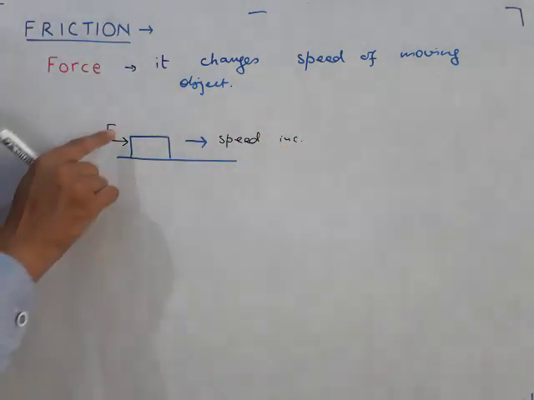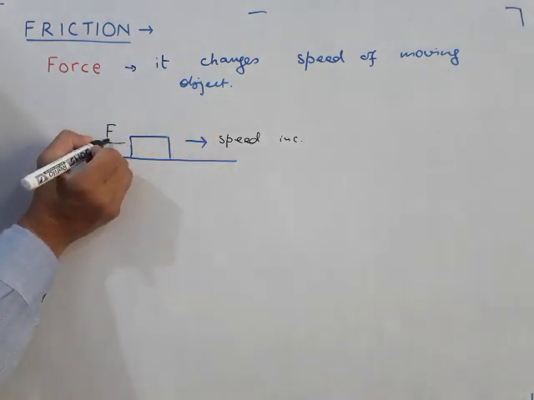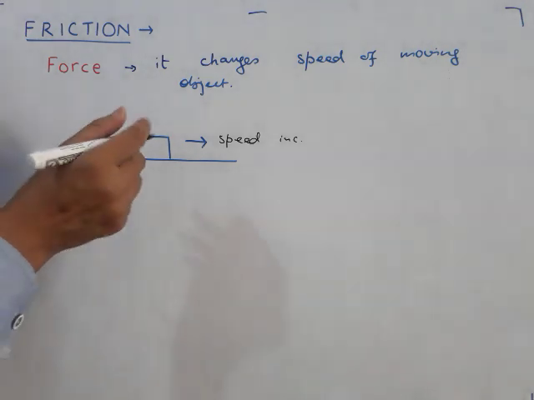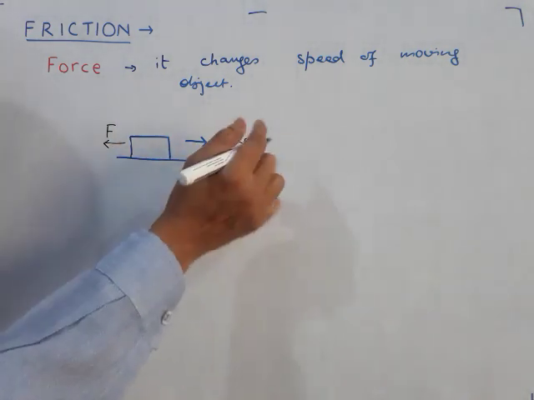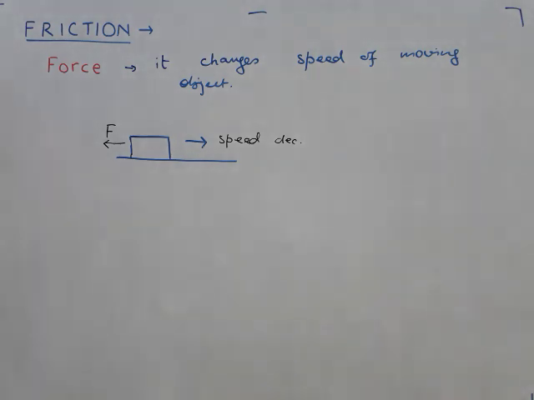But if a force is acting in a direction opposite to the direction of its motion, motion is towards right, force is towards left, then you know what will happen, the speed of the object will decrease. So speed of an object can increase or decrease depending upon the direction of a force.